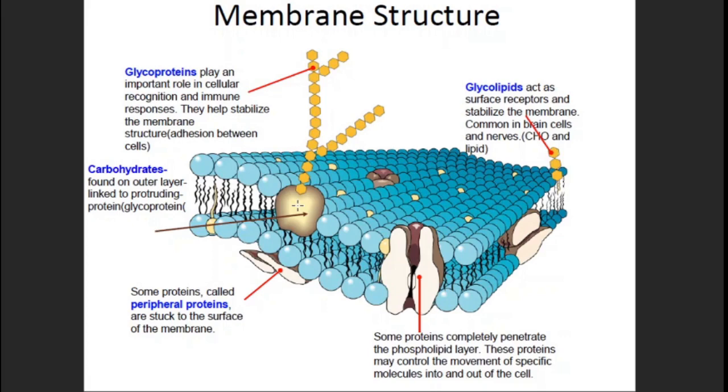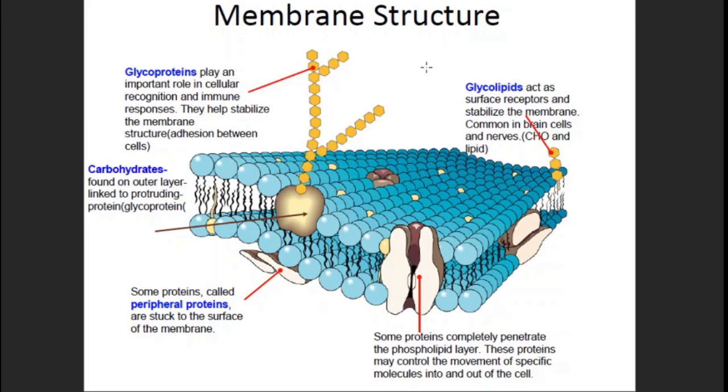Glycoproteins play an important role in cellular recognition and immune responses. They help stabilize the membrane structure by helping in the adhesion of the different components that can come and interact with it. For cell-to-cell recognition and for several other functions, these molecules play an important role.